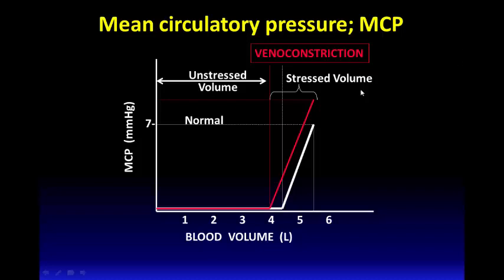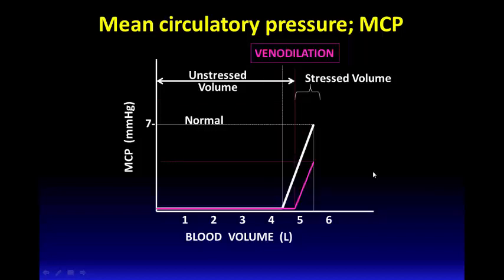So when the stressed volume increases with venoconstriction, the mean circulatory pressure increases and now reaches a higher value than when the veins are not under venoconstriction. The opposite is true when we have venodilatation resulting in an increase in the venous capacity.